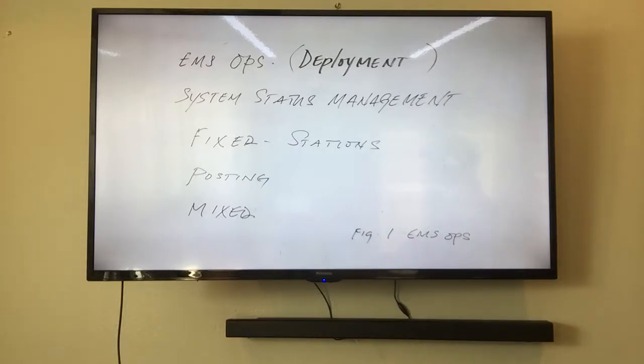When we are using system status management, we know about our peak call volumes, we know about the type of community that we're servicing, and we'll implement and staff more units during these peak times.